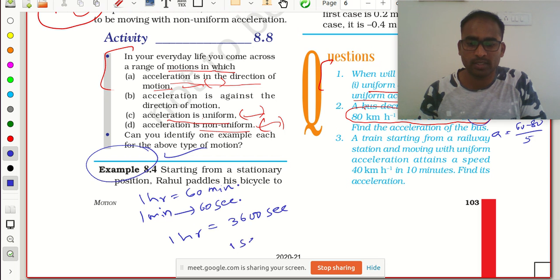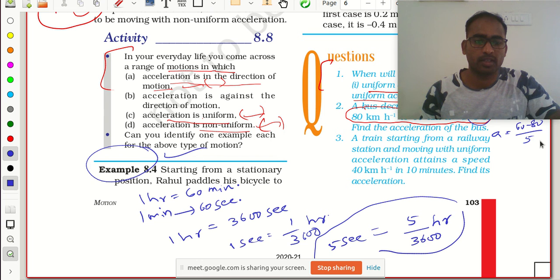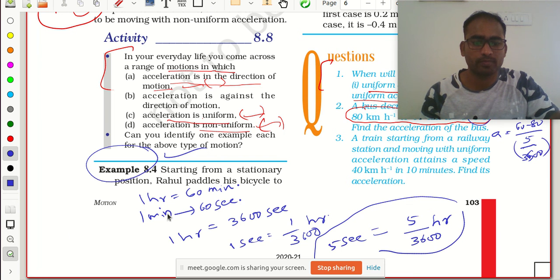So 1 second is equal to 1 by 3600 hours. So 5 seconds is 5 upon 3600 hours. You need to substitute that here in place of 5, we need to put 5 upon 3600.